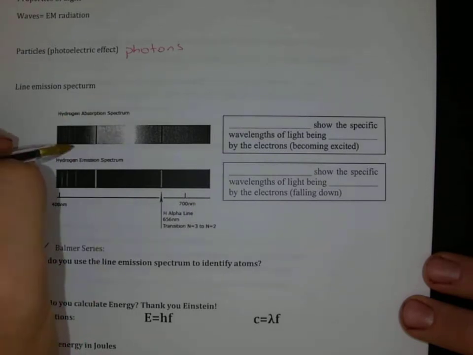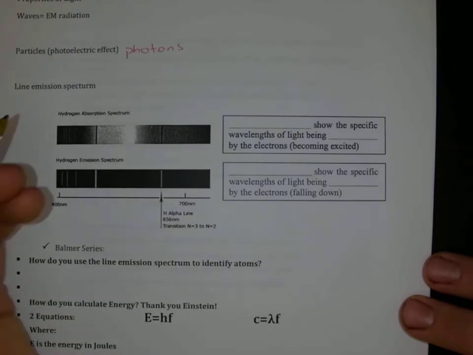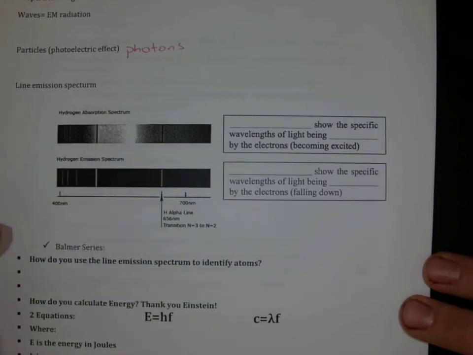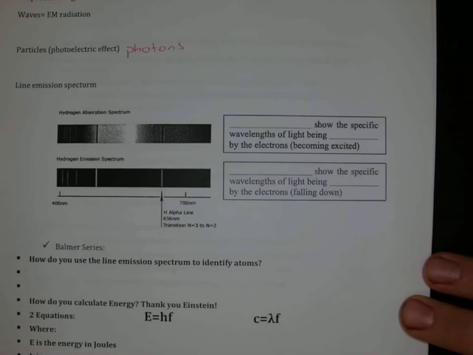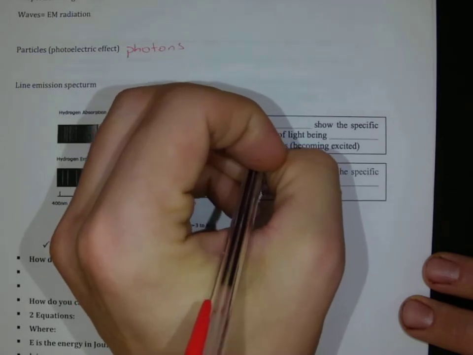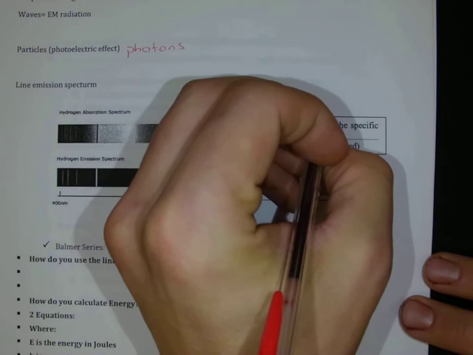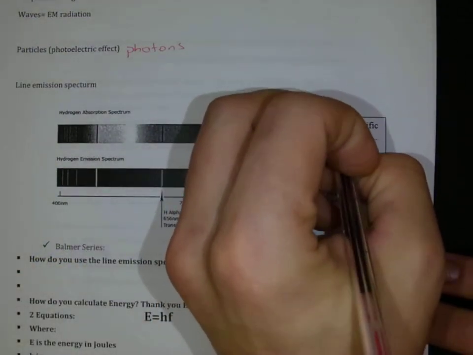We can see that there are really distinct black lines there, where if we had a broad spectrum light that had all the colors, only certain wavelengths are going to be absorbed by the hydrogen, because that's the only spots where those electrons are able to jump from one energy level to another. So the absorption spectra show the specific wavelengths of light being absorbed.